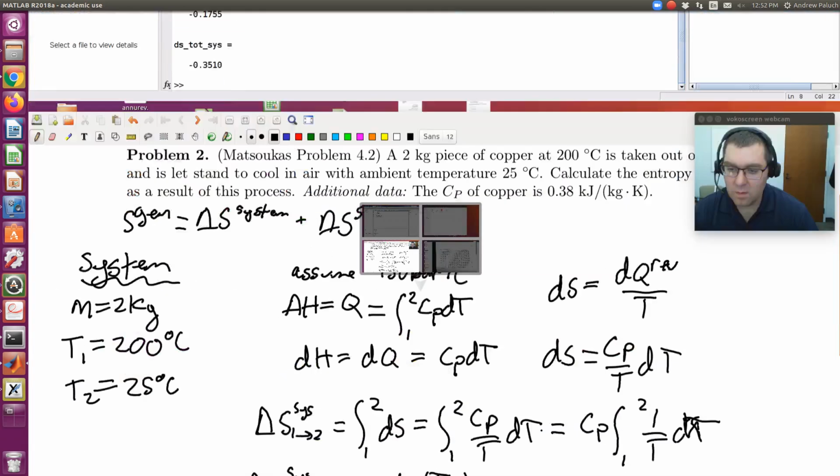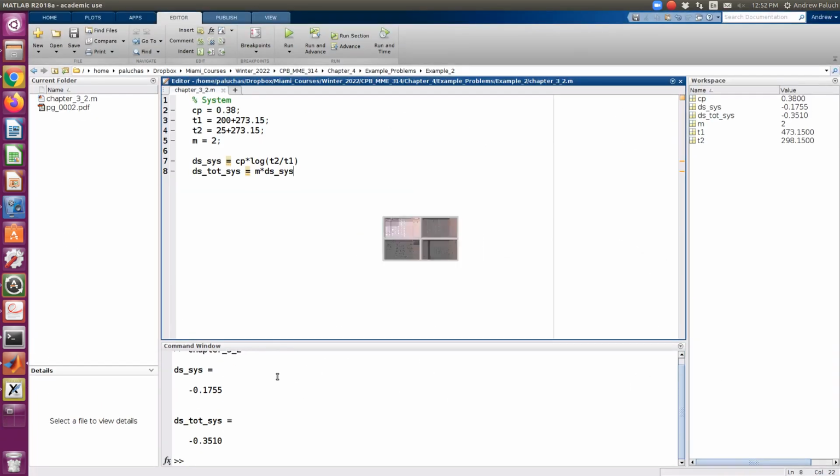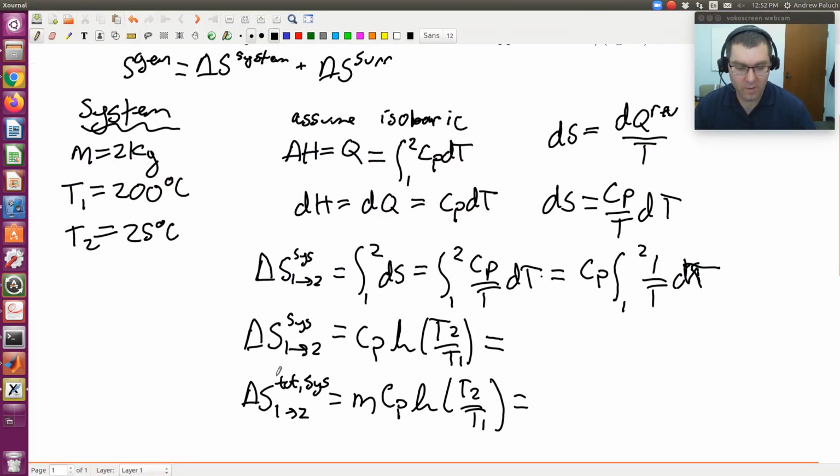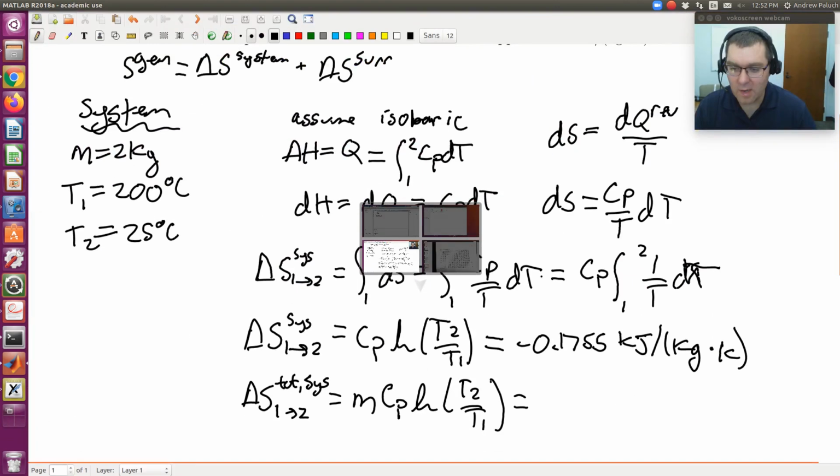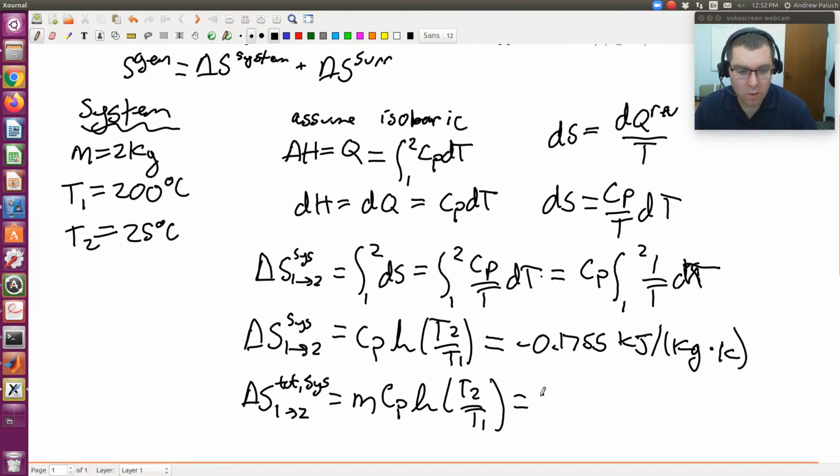So delta S is negative 0.1755 kilojoules per kilogram Kelvin, and my extensive value is negative 0.3510 kilojoules per Kelvin.